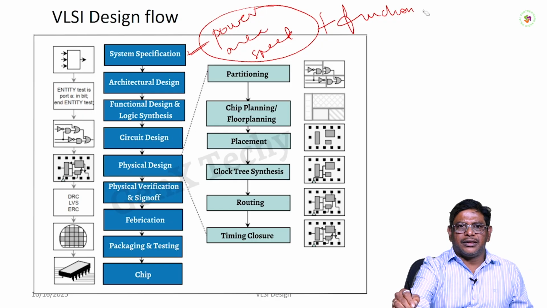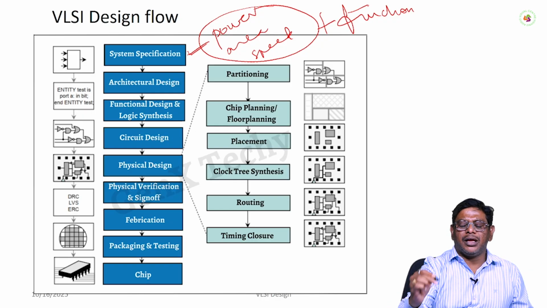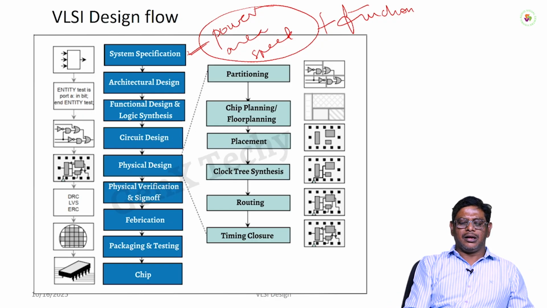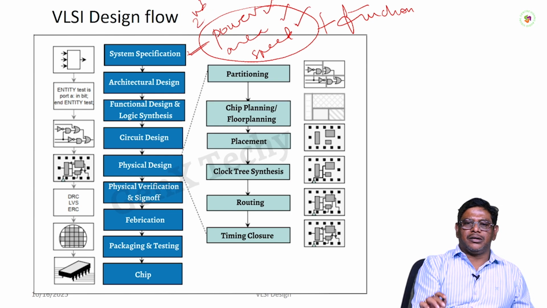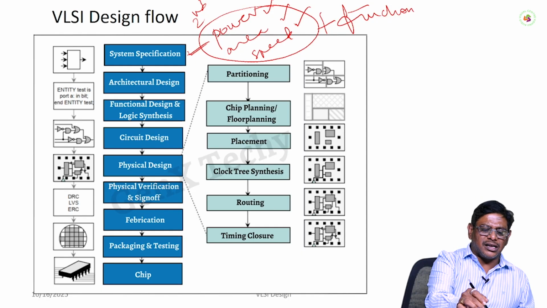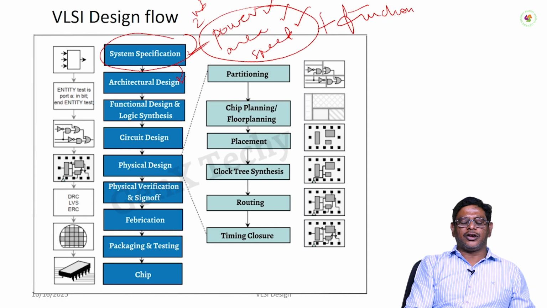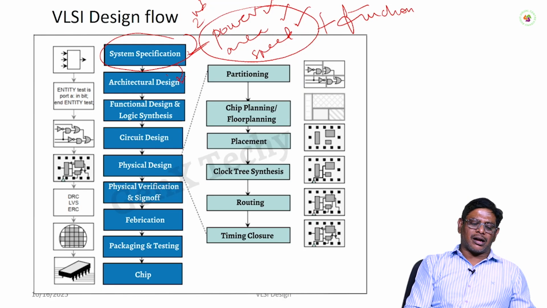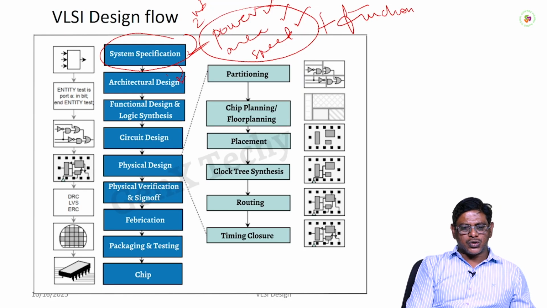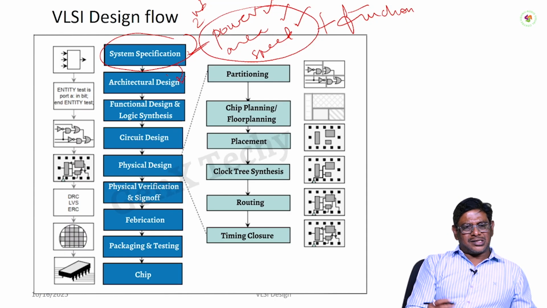So the functionality is the primary one that we need to consider, along with that, some of the secondary aspects are power, area and speed. After considering system specifications, we design a model in terms of architectural design. It means we are writing high level language code using Verilog or VHDL model or SystemVerilog.